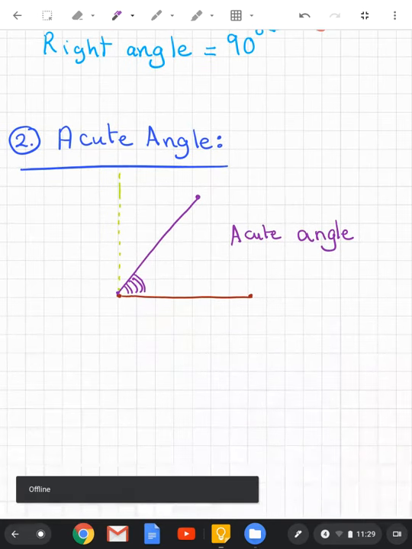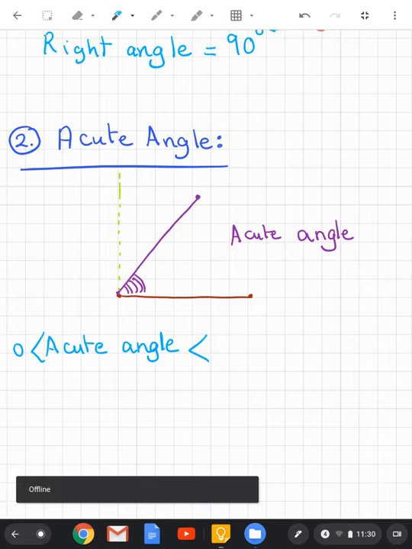So the acute angle should be more than 0 and less than 90 degrees. This 90 degrees means the right angle. This is our second type of angles.